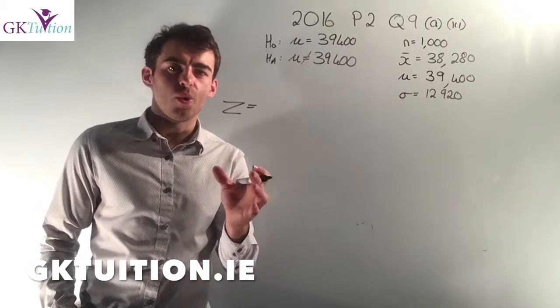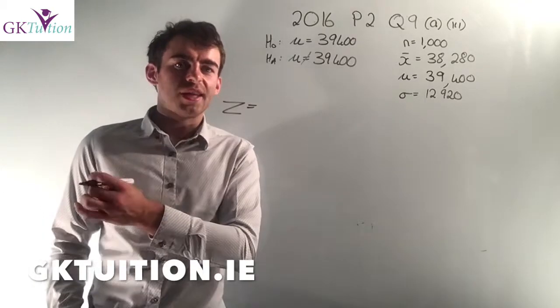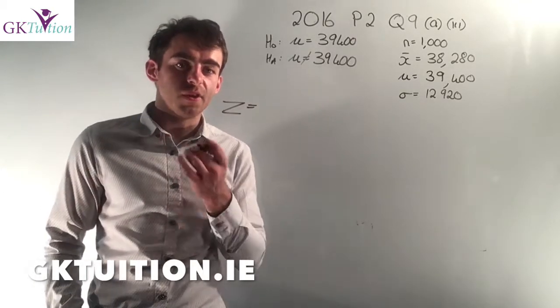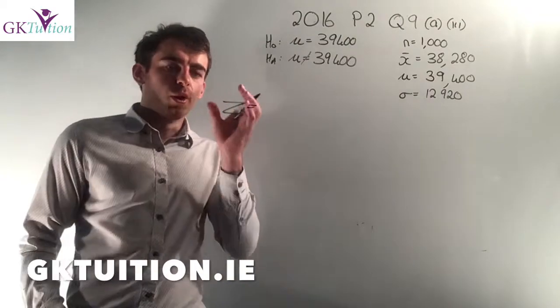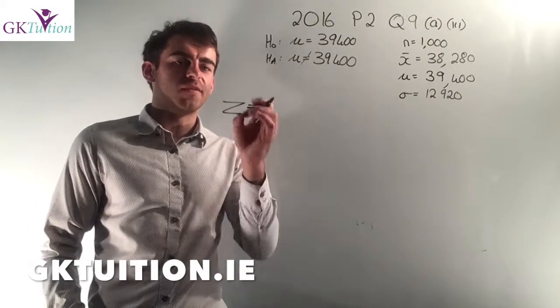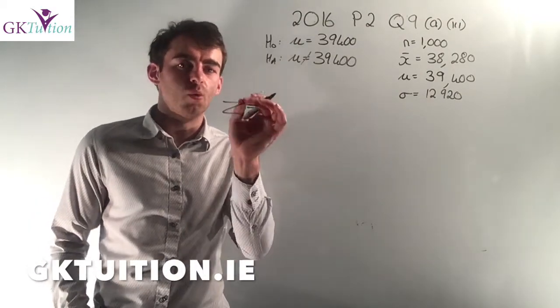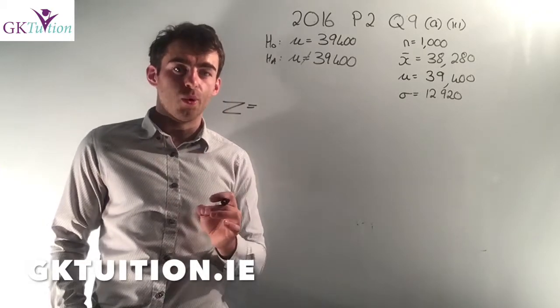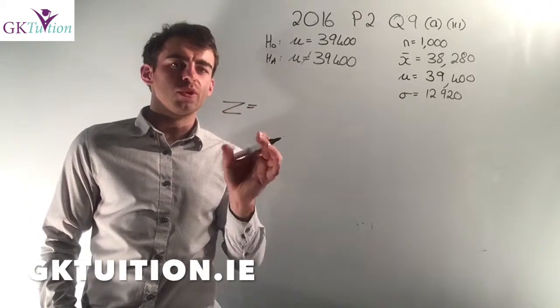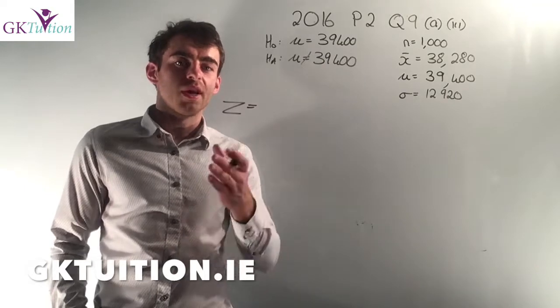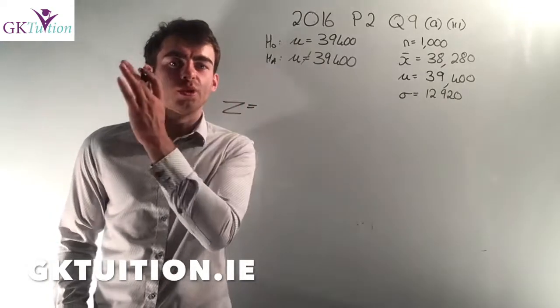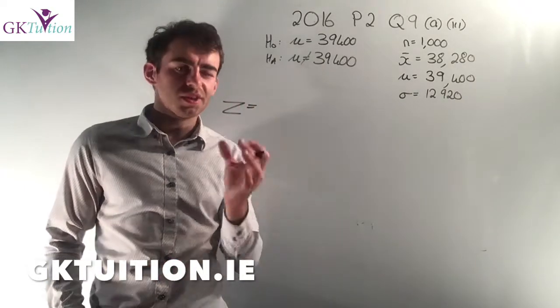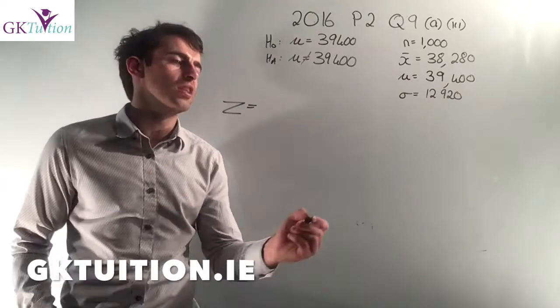Now, I just want you to be aware that usually in the marking scheme here, you actually got the marks if you use the confidence interval. But if it says a 5% level of significance, I want you to get into the habit of using a one sample Z test. That's really important. Now, there's two types of one sample Z tests that are on the course. There's ones for the sample mean and there's ones for the proportion. So we just need to be fully sure of which one we're actually using.